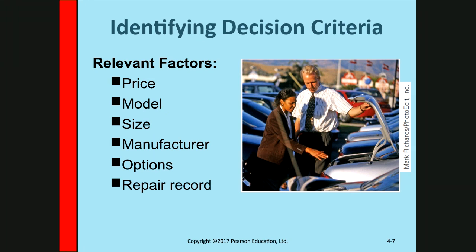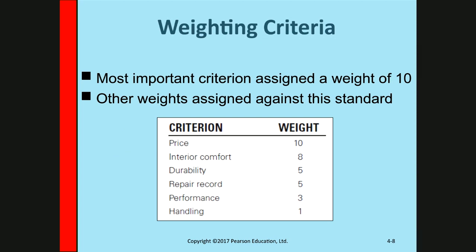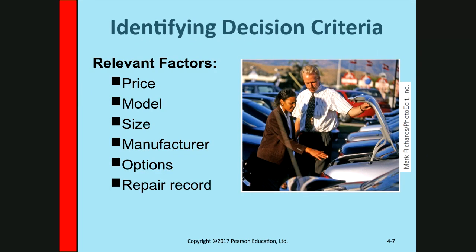The next, you will weigh them, meaning you will ask yourself, of all these criteria that you have chosen to be relevant to solve the problem, this is the second step, which of the factors is the highest in priority?